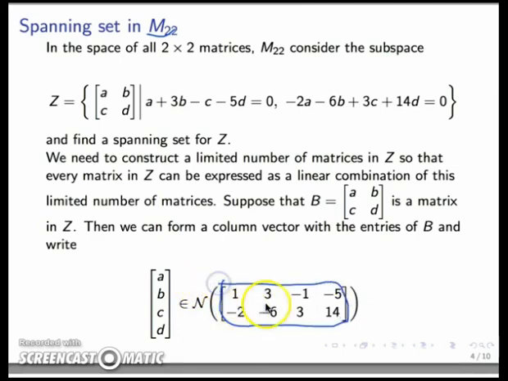This is a matrix that is 2 by 4, and membership in the null space of this 2 by 4 matrix is essentially those entries that define a matrix that's a member of this set Z, which is a subspace of M sub 2,2. So we review or revisit this example.